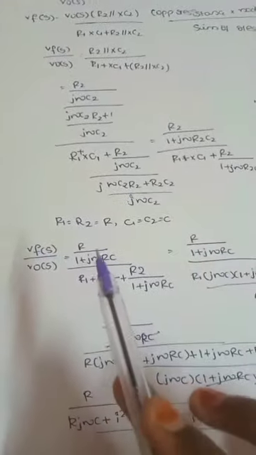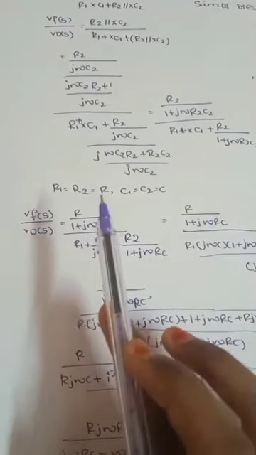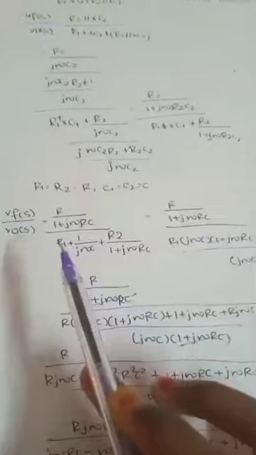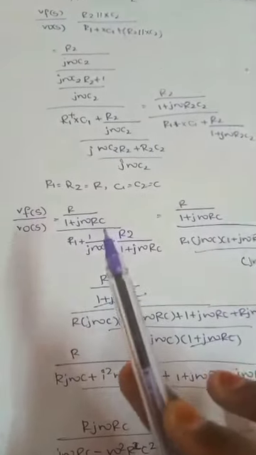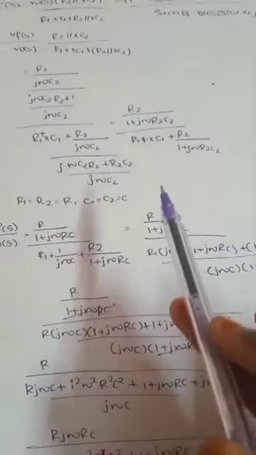We consider R1 = R2 = R and C1 = C2 = C. Vf of S equals R by 1 plus j omega RC, and V naught of S is R plus 1 by j omega C plus R by 1 plus j omega RC.